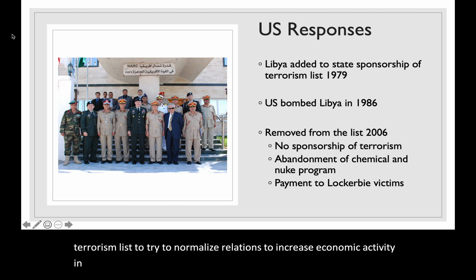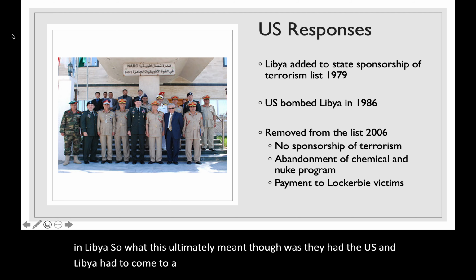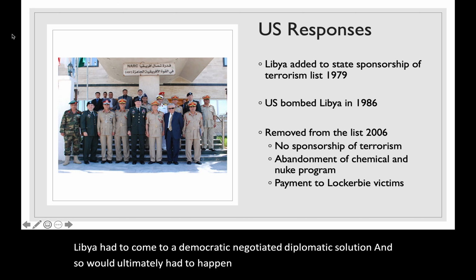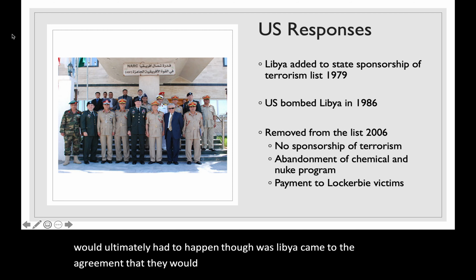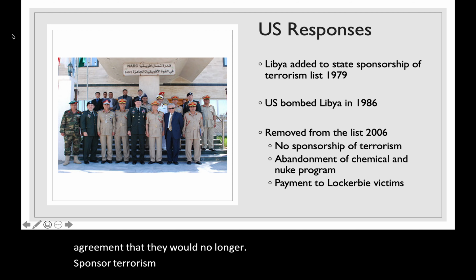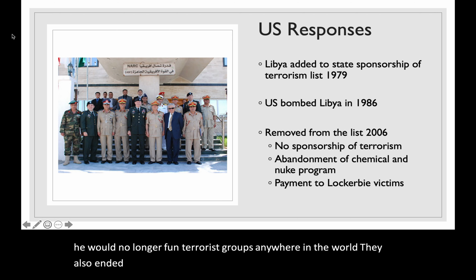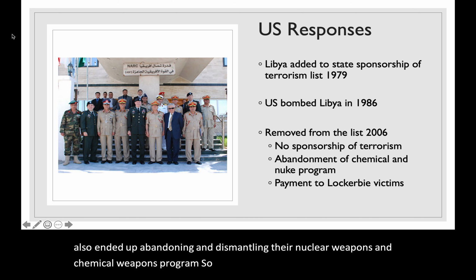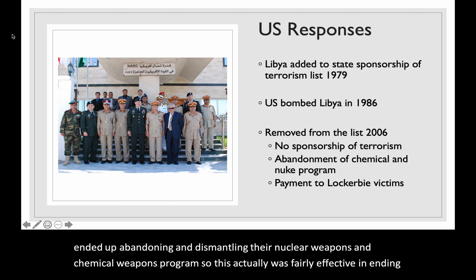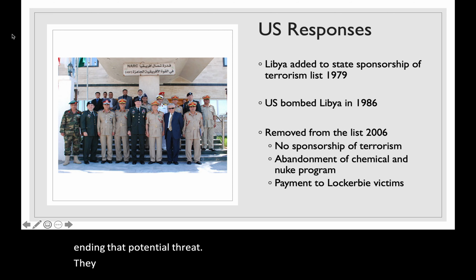So what this ultimately meant, though, was the U.S. and Libya had to come to a negotiated diplomatic solution. Libya came to the agreement that they would no longer sponsor terrorism. So Muammar Gaddafi signed an agreement that said that he would no longer fund terrorist groups anywhere in the world. They also ended up abandoning and dismantling their nuclear weapons and chemical weapons program. So this actually was fairly effective in ending that potential threat of the development of nuclear weapons and chemical weapons.